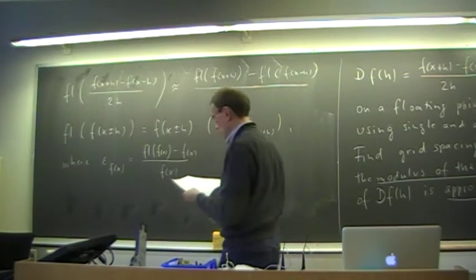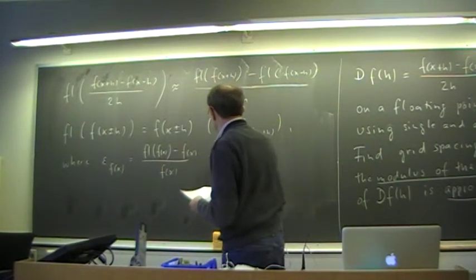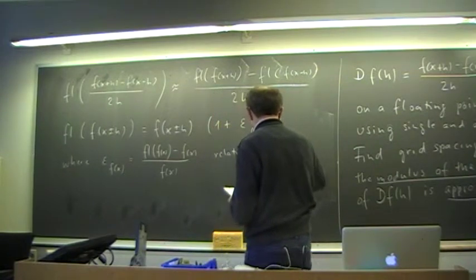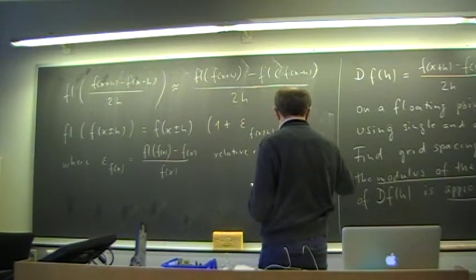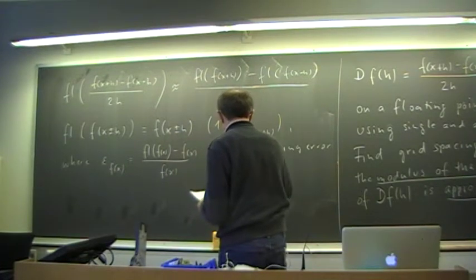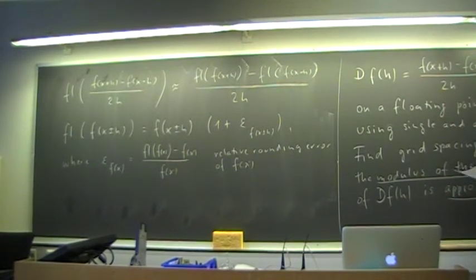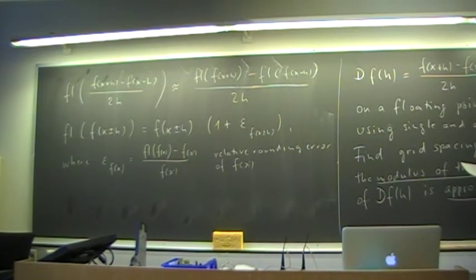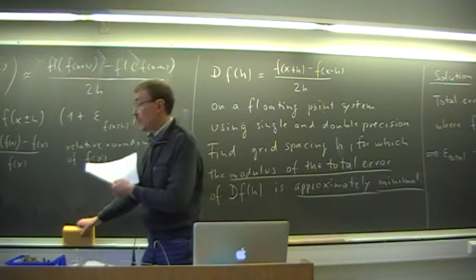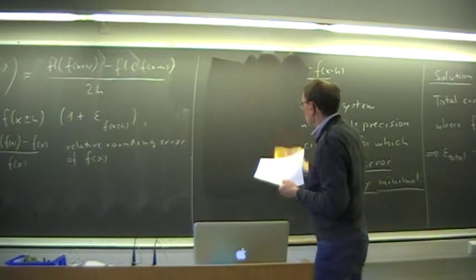So the relative rounding error of, in that case, the function value f of x. And now we can actually compute this and give an approximation to that. And that relates to the propagation of errors.